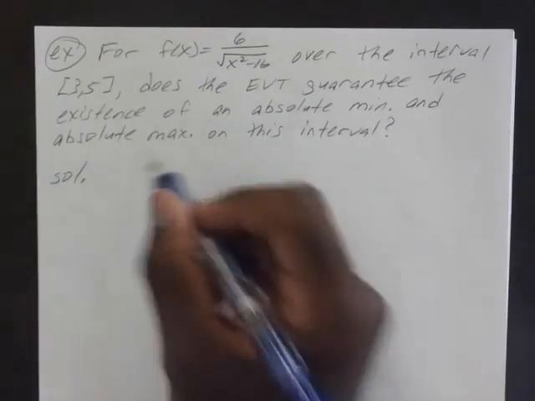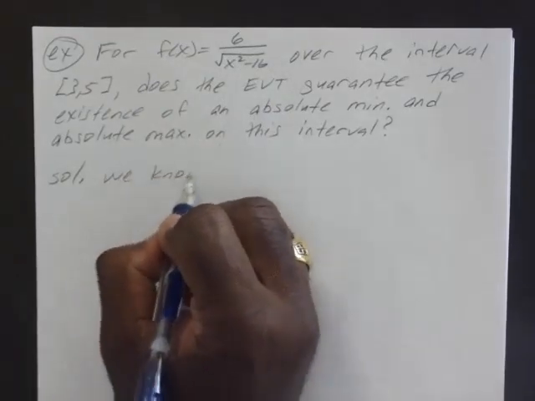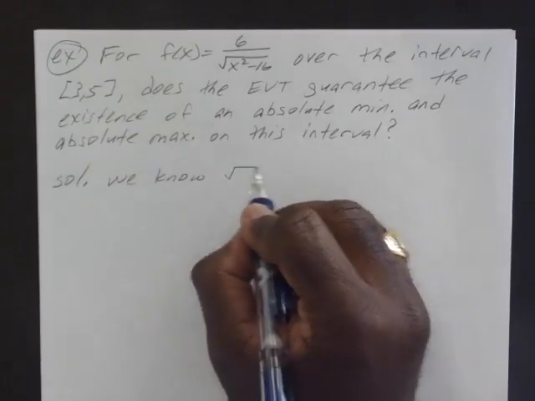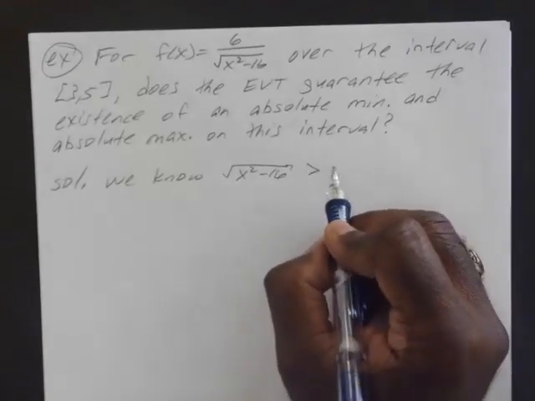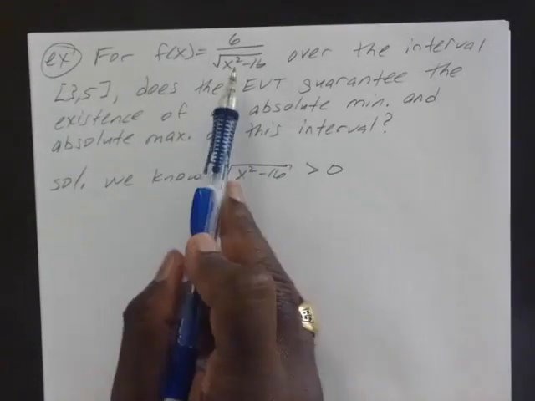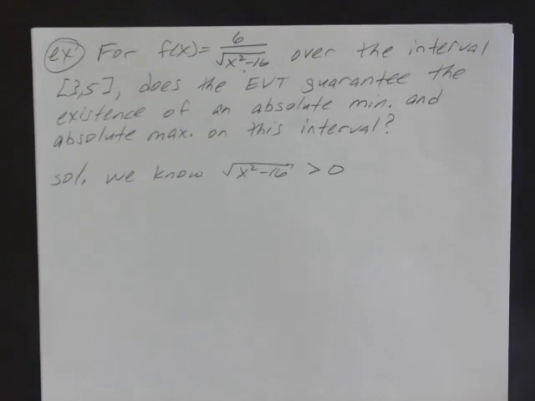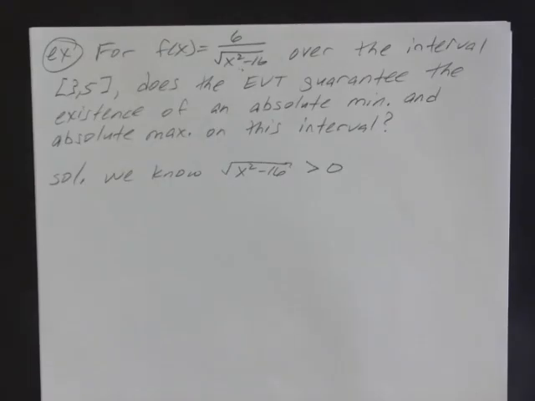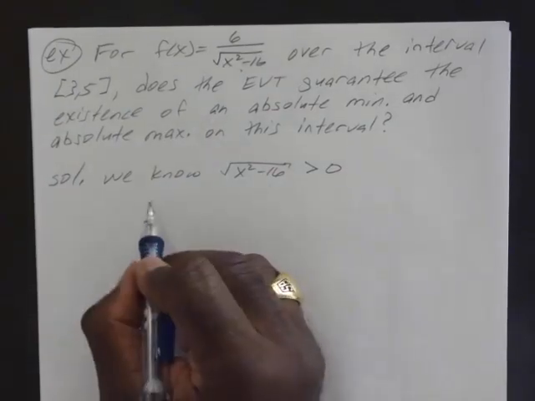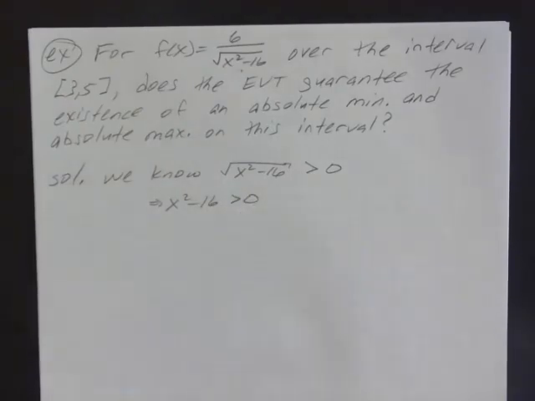Okay. So we know that because of this denominator, the square root of x squared minus 16 has to be greater than 0. It can't be greater than or equal to, only because you now have that in the denominator. So if you made it equal to 0, it will be undefined. So this square root has to be greater than 0 for this to be defined, which means that the radicand x squared minus 16 has to be greater than 0.